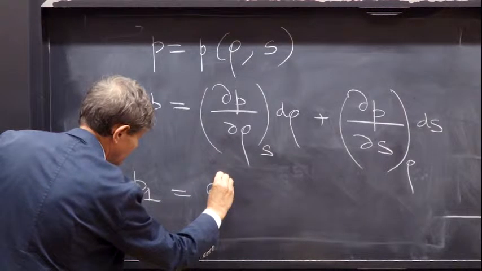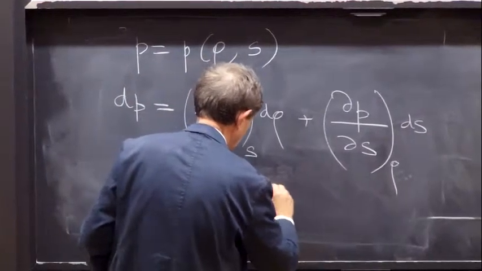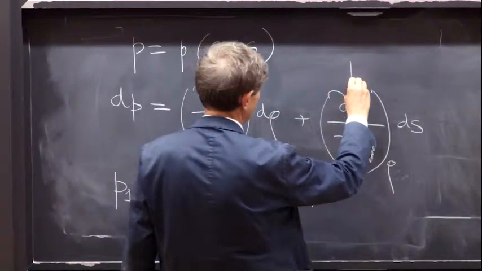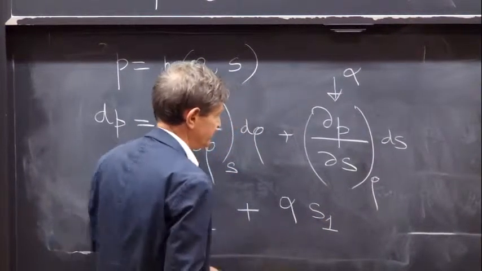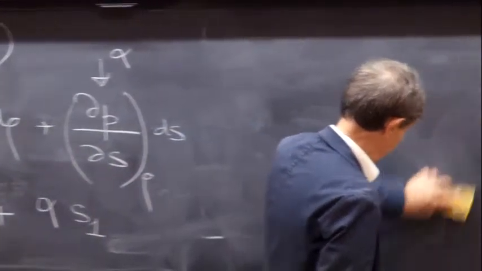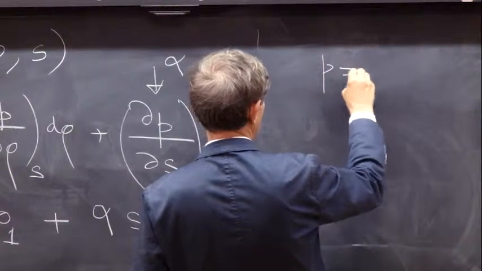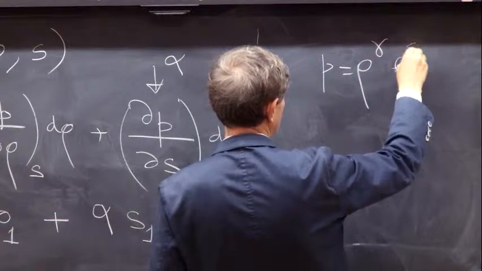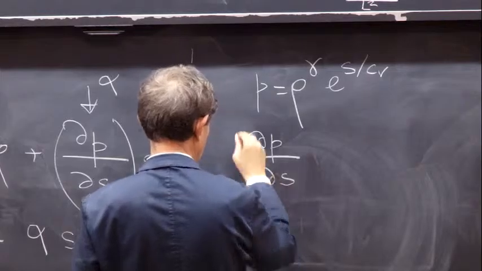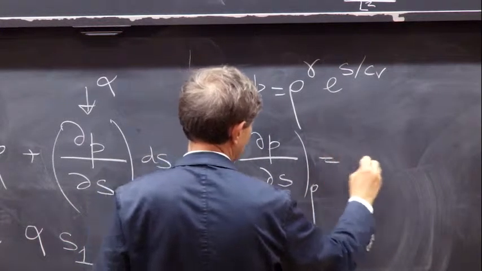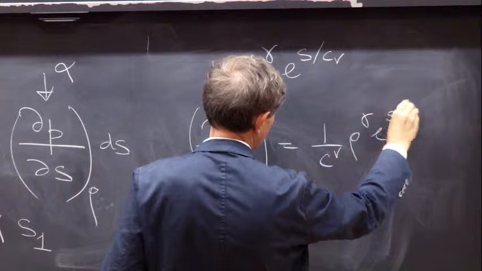The first derivative is just c squared rho 1. And the second one, that I call alpha, is times S1. What is alpha? Well, it can be directly obtained from P equal to rho to the power gamma e to the S over CV. So dP by dS at constant rho is equal to 1 over CV rho to the gamma e to the S over CV.